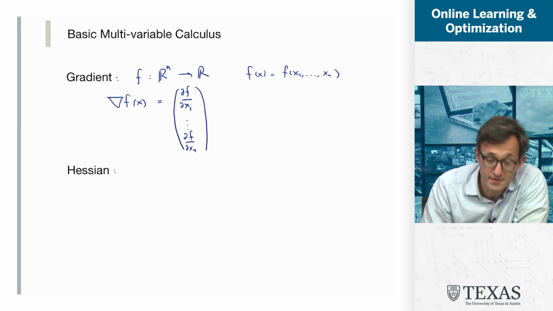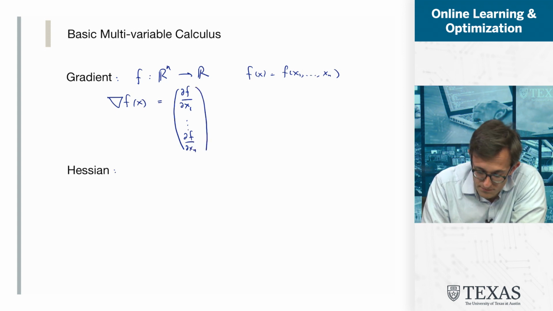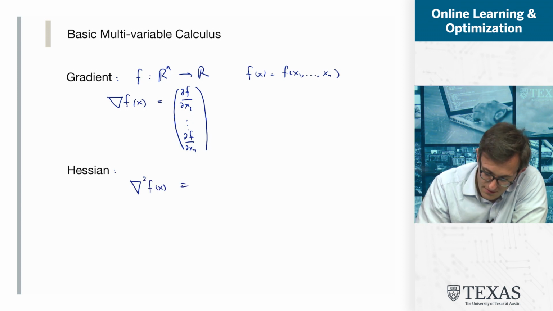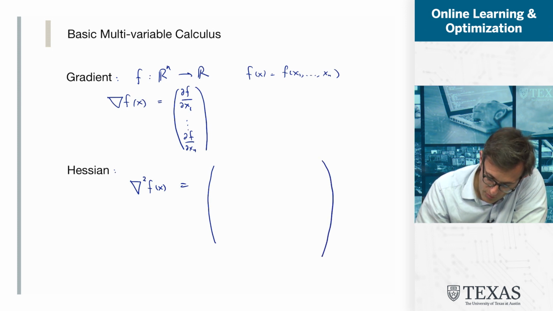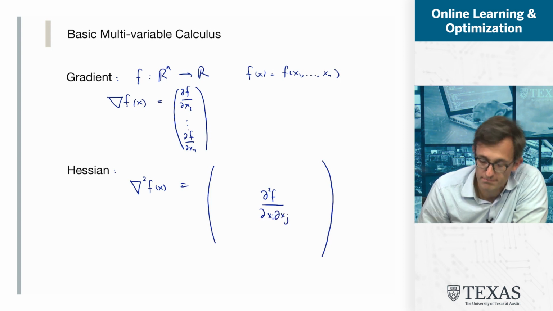And the Hessian is a generalization of the second derivative. This is an n by n matrix where the ij-th component is the second derivative of f with respect to xi and xj.